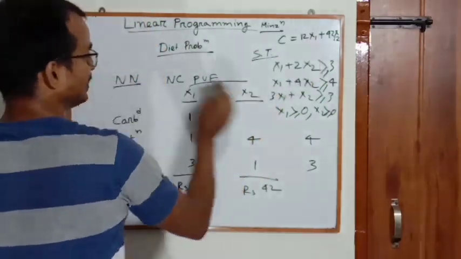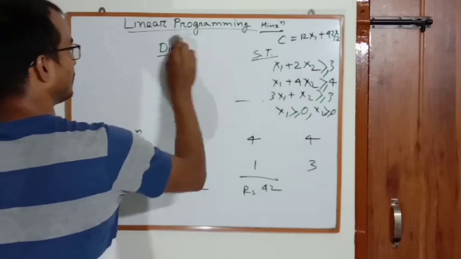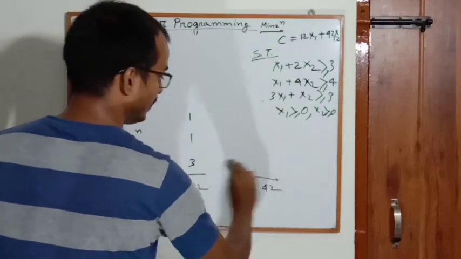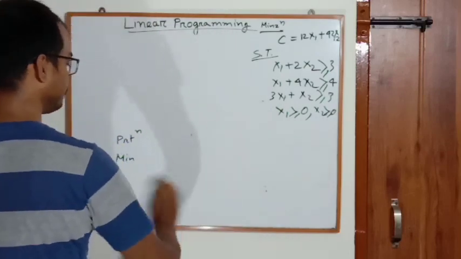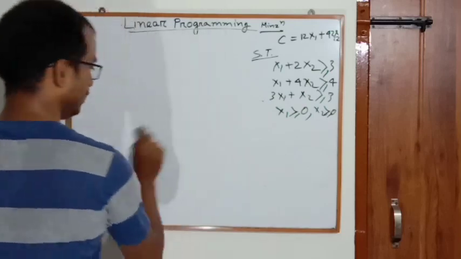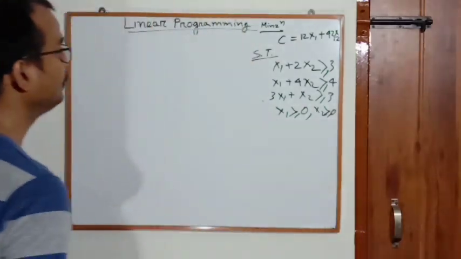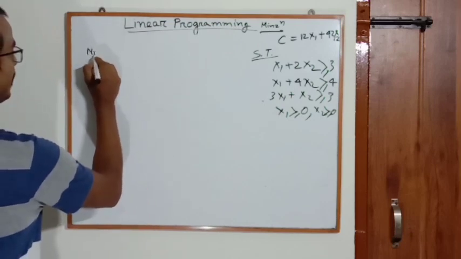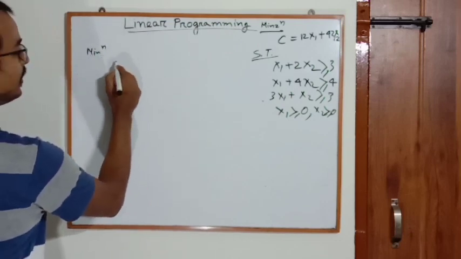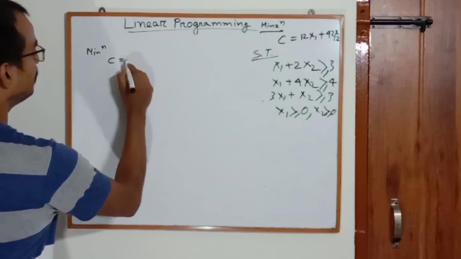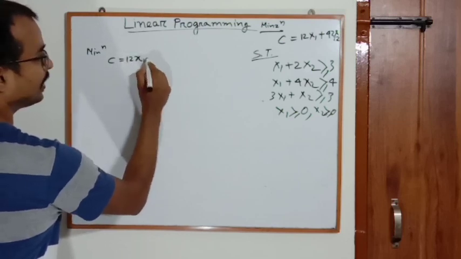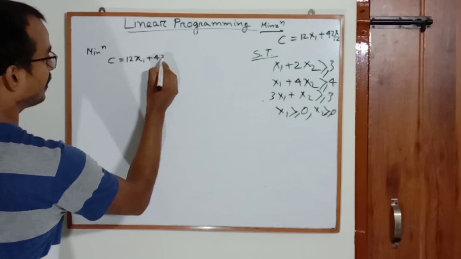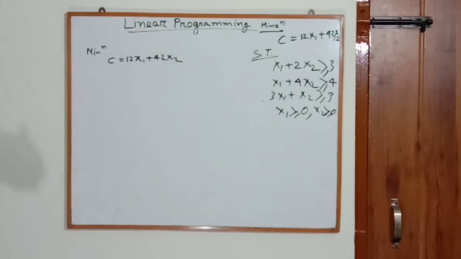Okay, let me copy this here now to make it clear. I have to be careful while copying. I don't change the values. Minimization C equal to 12x1 plus 42x2. Whether my camera is focused or not, I don't know. Yeah, it's focused.